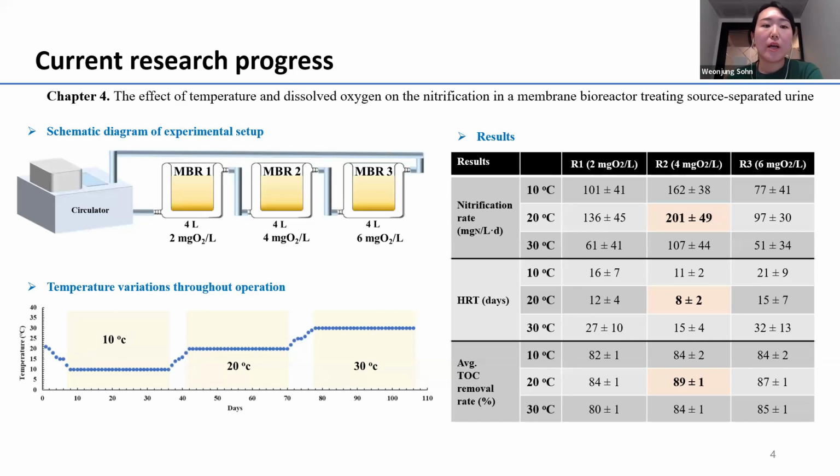And the reactors are double-jacketed, double-layered glass reactors. So by circulating the water outside of the reactor, I could maintain the temperature at 10 degrees, 20 degrees and 30 degrees. Okay, I see.